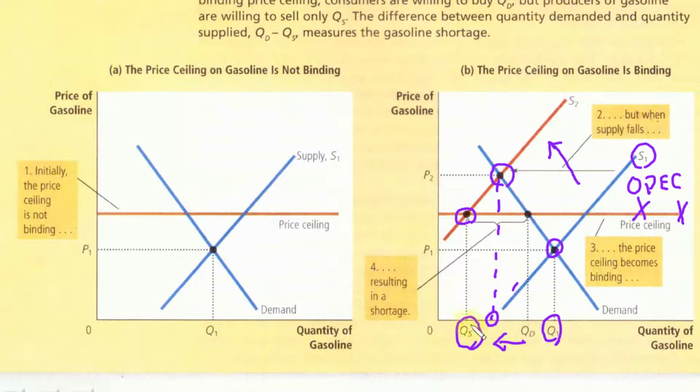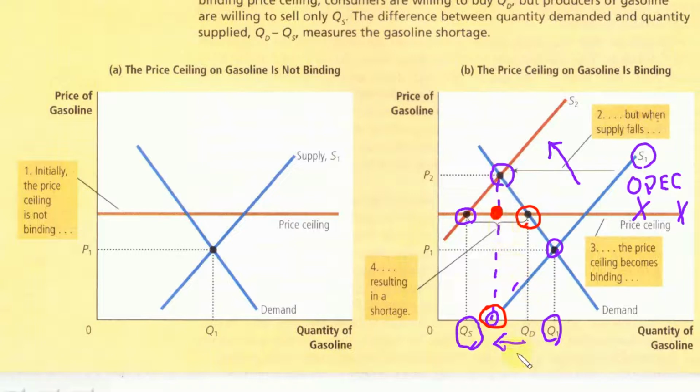But as the government imposes a limitation like this, then the equilibrium, which is supposed to be here, will move to here, because it has to follow along with this graph.